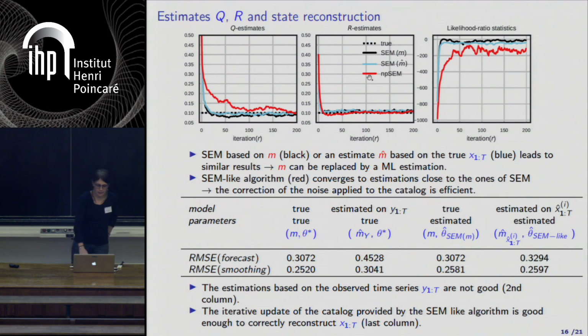And for the Q and R estimates, you have 3 curves. The black curve is the estimation if you know the true model.